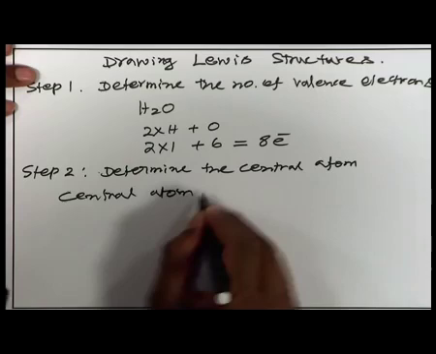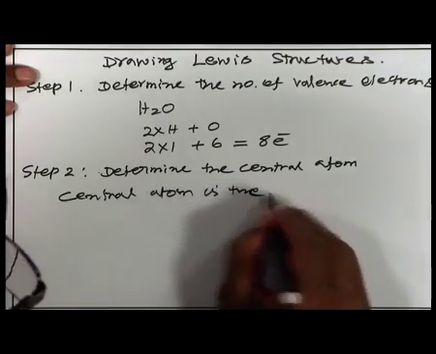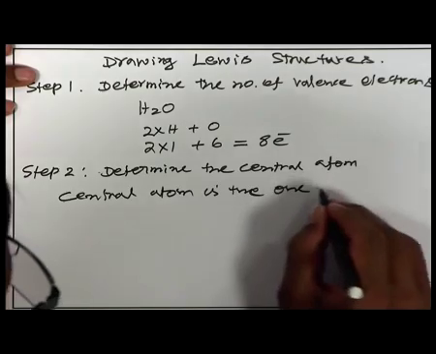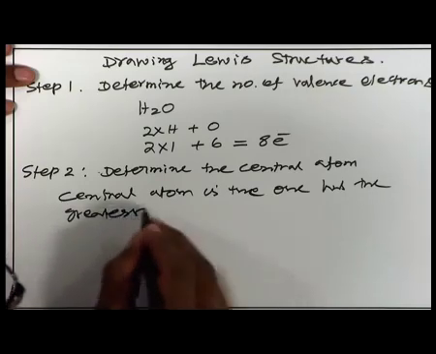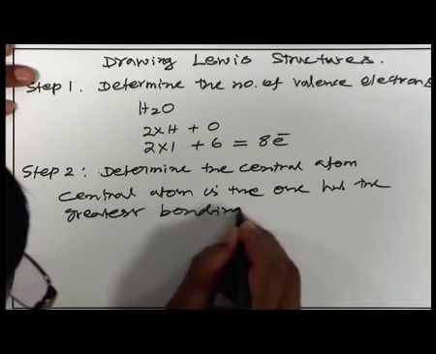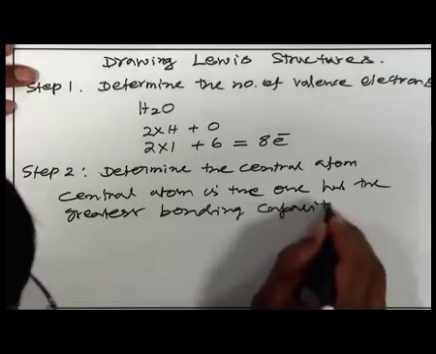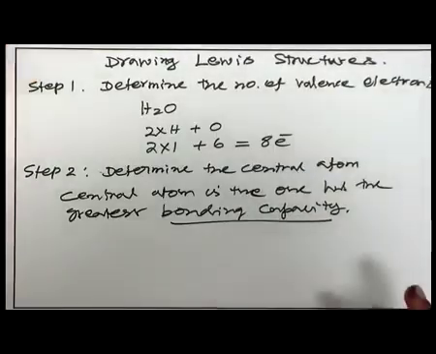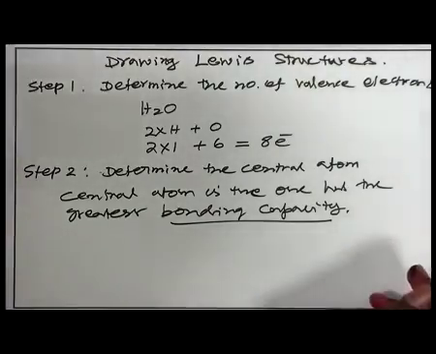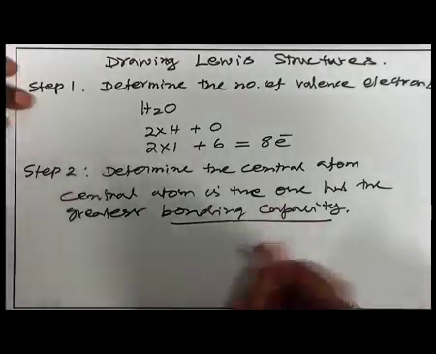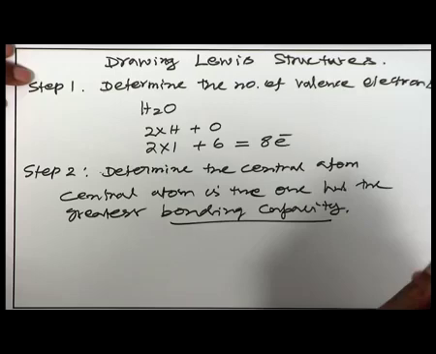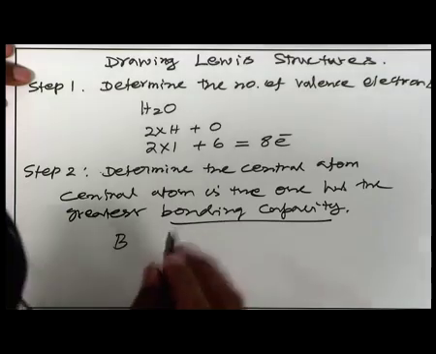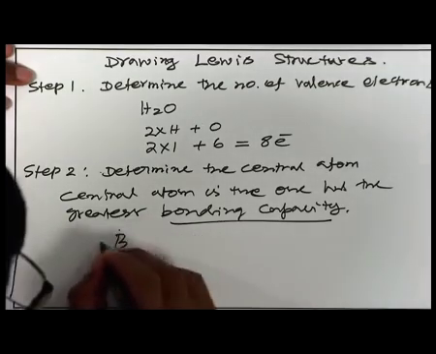The central atom is the one that has the greatest bonding capacity. What is bonding capacity? Bonding capacity refers to the number of unpaired electrons present on an atom. For example, boron has 3 unpaired electrons: 1, 2, 3.